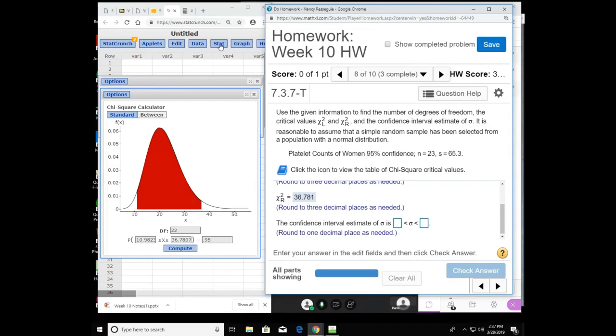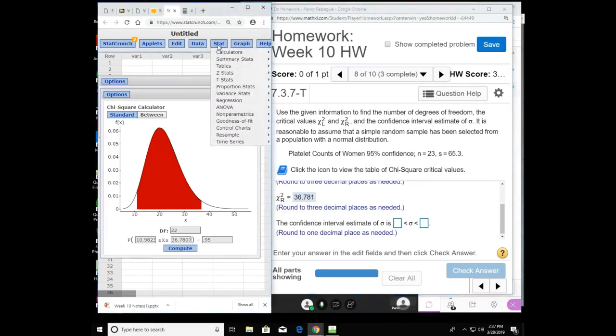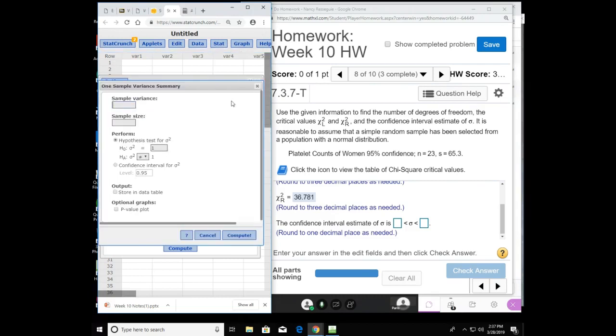I mean, you can use the formula for this if you want. It's a little bit complicated either way because the formulas are actually for the variance. The standard deviation is the square root of the variance. So for this, you have to do stat and variance stats. And we're going to do one sample with summary because we don't have the data, we just have some information.